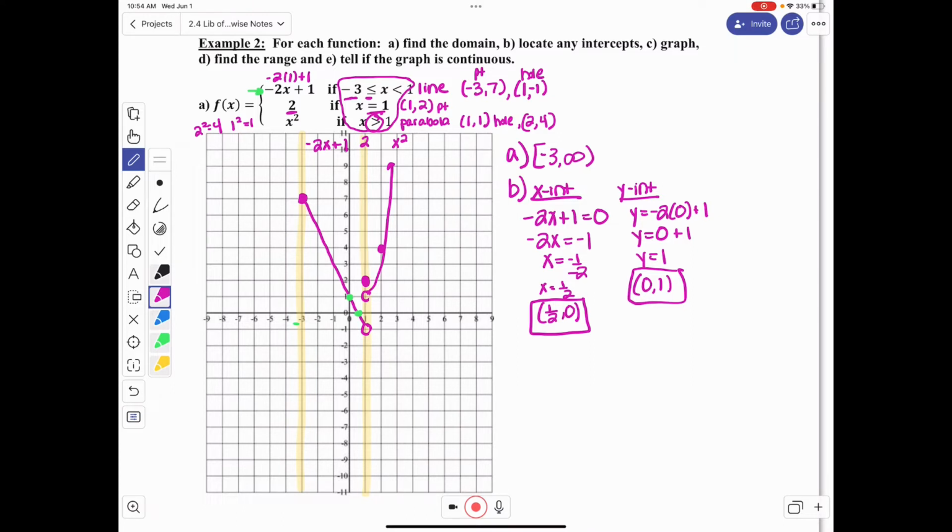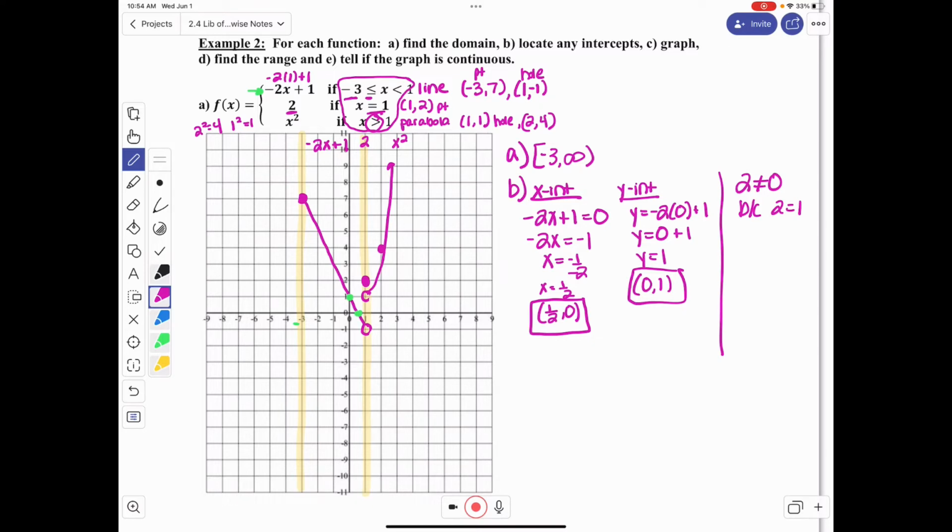Now, if I wanted to look at my other two parts of the equation, like the 2 and the 1, okay, so if I look at that part, well, 2 can't equal 0.